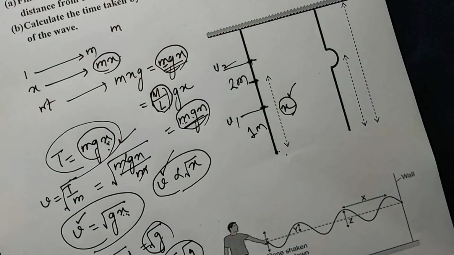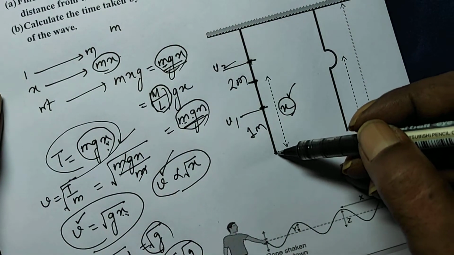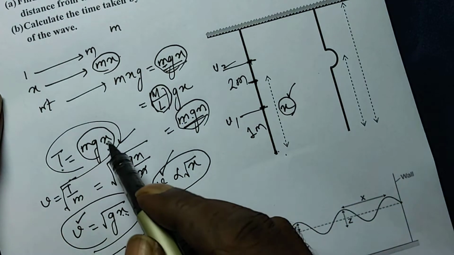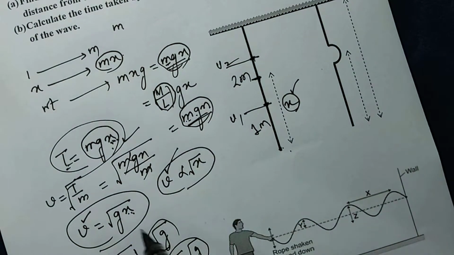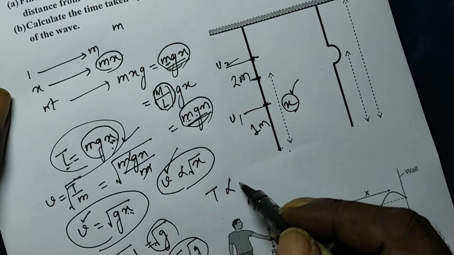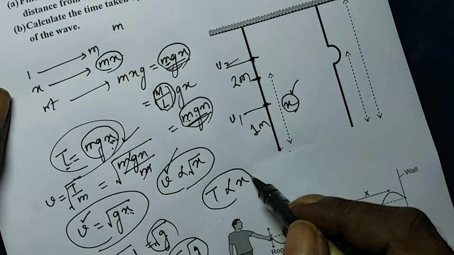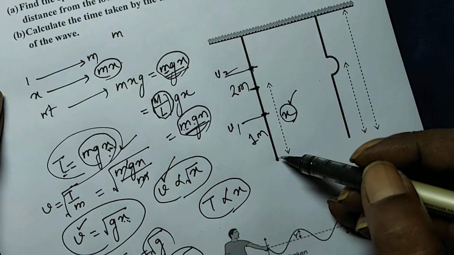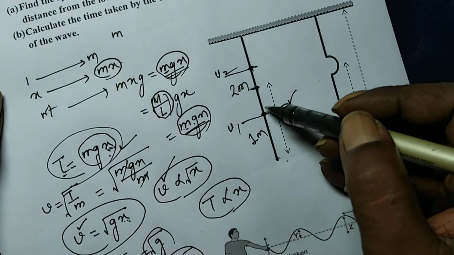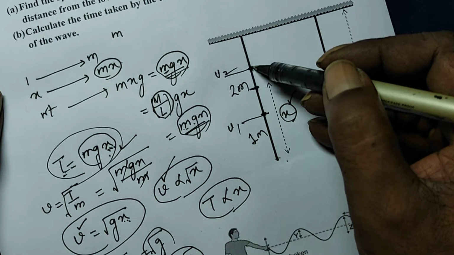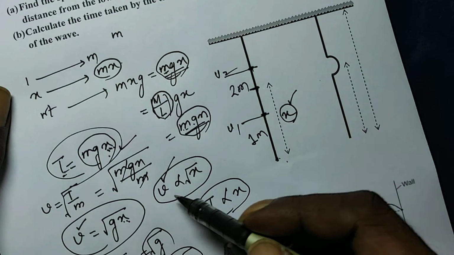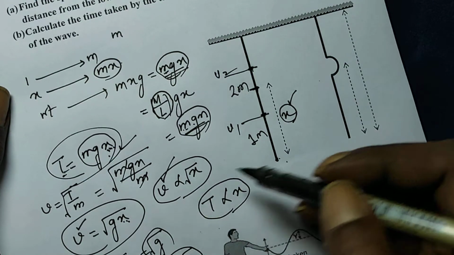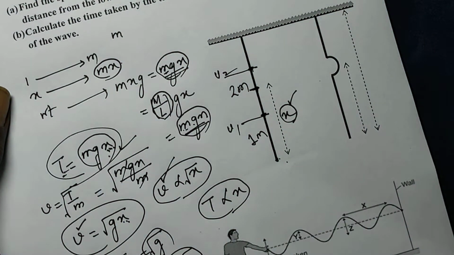So the tension is also different. As you move up, the tension is proportional to x. If you consider two points, the tension here will be more, the tension here will be less. And the velocity is proportional to square root of x.